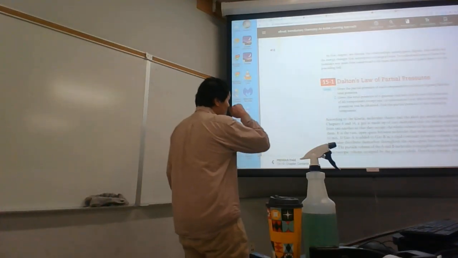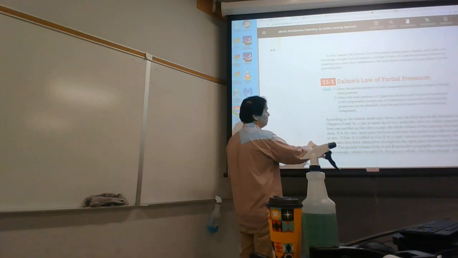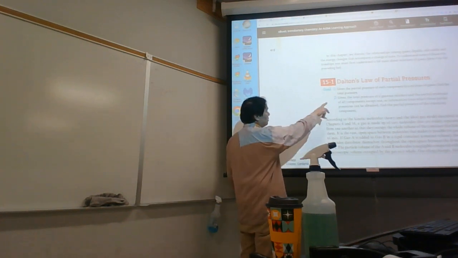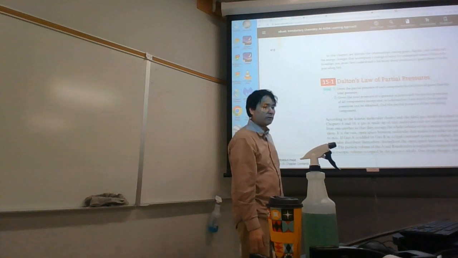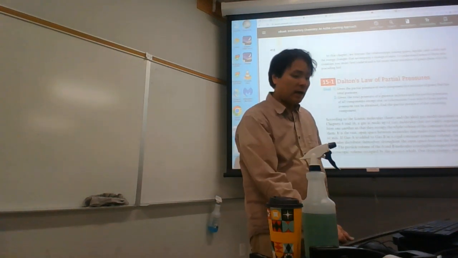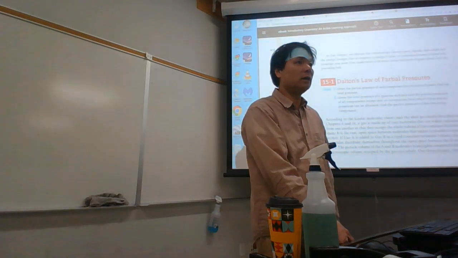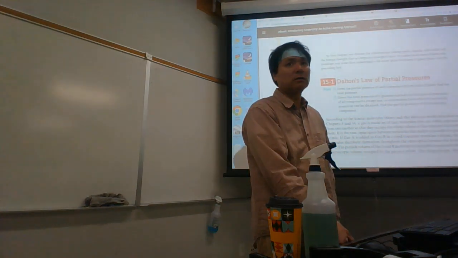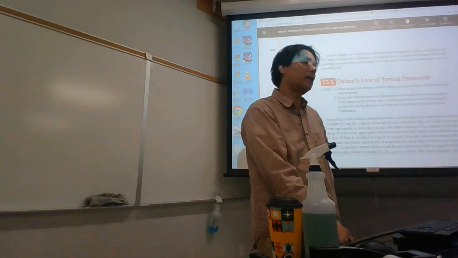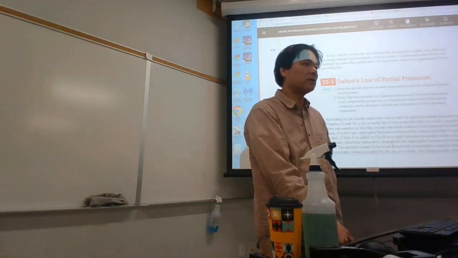The gas mixtures continue in chapter 15. And this is Dalton's law, where it was talked about. I talked about gas mixtures in the context of Dalton's law, and what was the other law that I used? When we think about a gas mixture like air, it is comprised of nitrogen and oxygen.